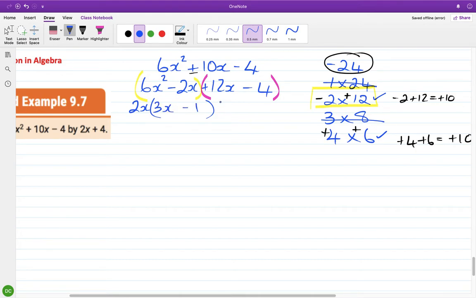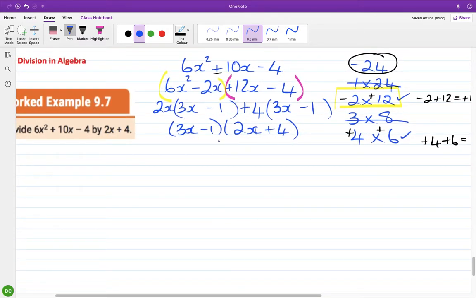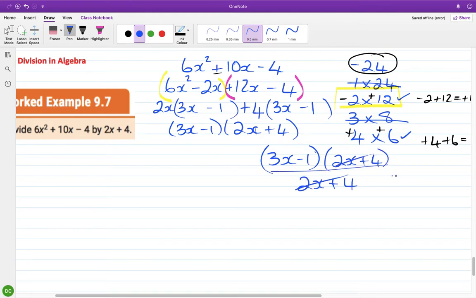Oh, this could be either, so let's go with a plus and a 4, and then if I divide by that 4 it's 3x minus 1. The 3x matches the 3x and the minus 1 the minus 1, so I have 3x minus 1, 2x plus 4. Okay, and if you see the bottom line is 2x plus 4, so my top line is 3x minus 1, bracket, bracket, and 2x plus 4. And then the bottom line is 2x plus 4, so they'll cancel, and I'm left with 3x minus 1.